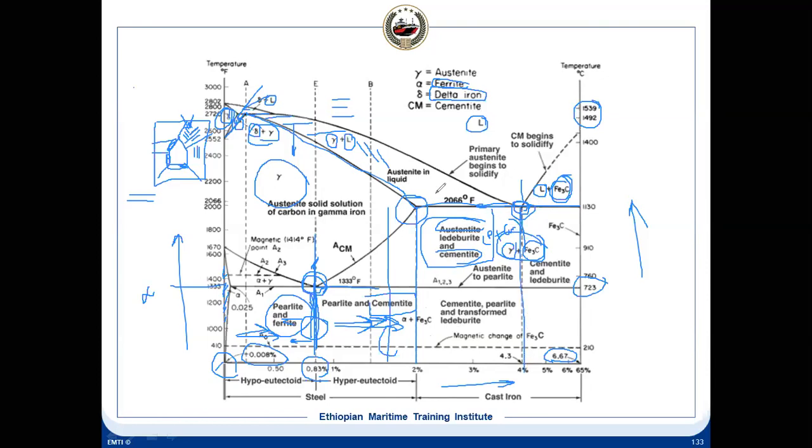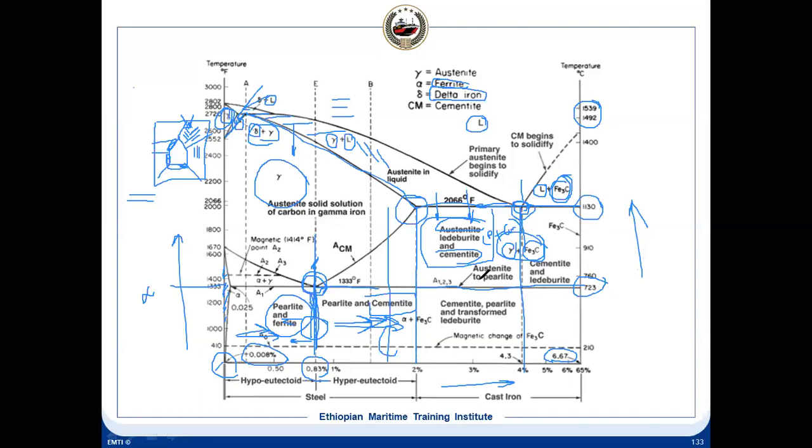It forms from gamma plus liquid, which will cool down and become solid, and there will be a three-phase solid solution. And up to this is the eutectoid temperature, that's 723 degrees centigrade, and the eutectic temperature is 1130 degrees centigrade.